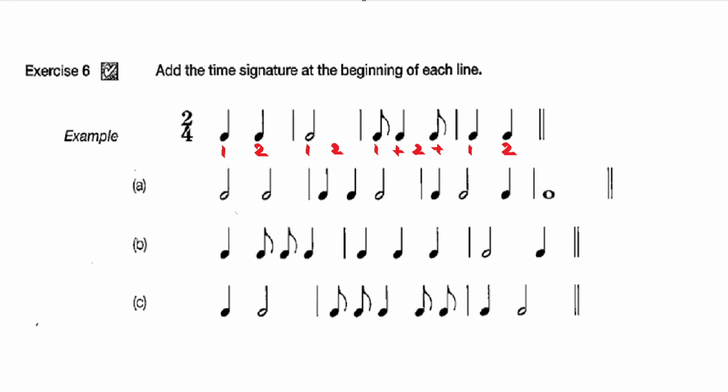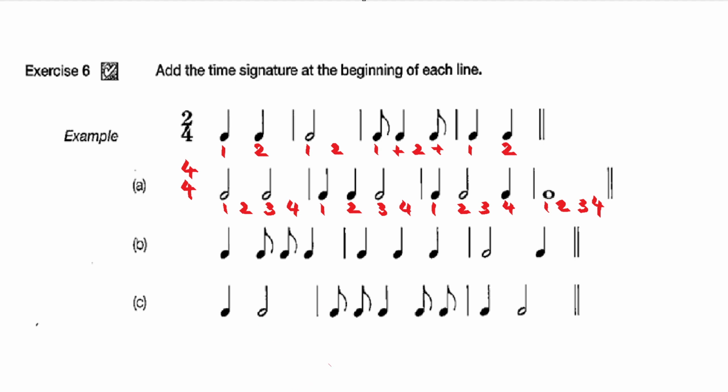Alright, so we're counting in crotchets. 1, 2, 3, 4. We can see that every bar has 4 beats in it, so 4 beats in every bar, and they are crotchet beats. That is a 4/4 pattern. It goes like this: ta, ta, ta, ta, ta, ta, ta, ta, ta.